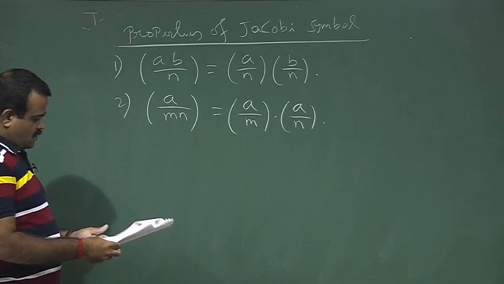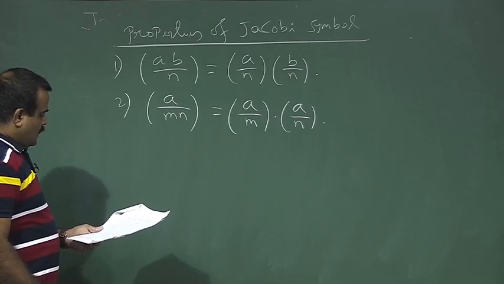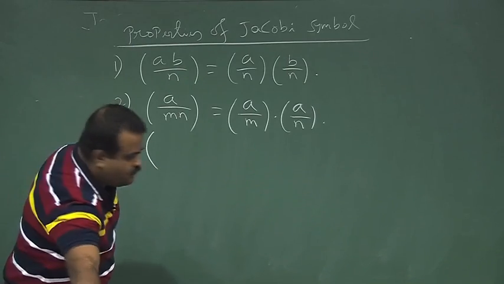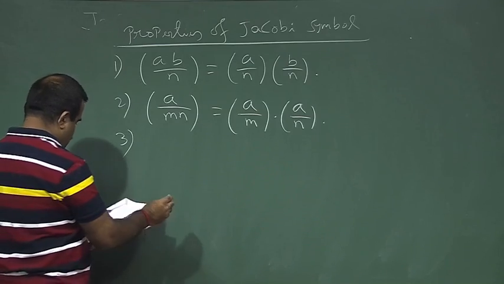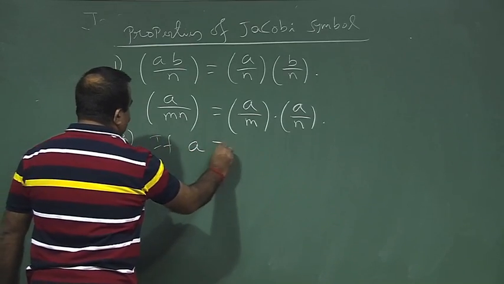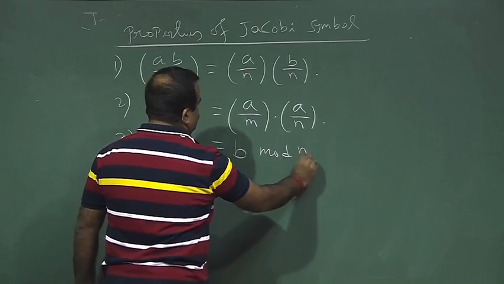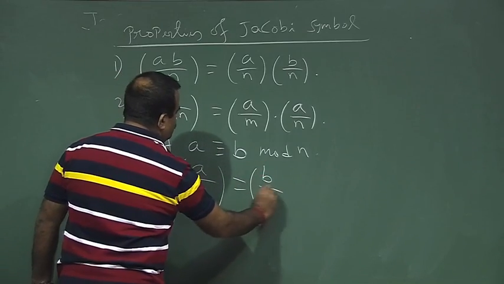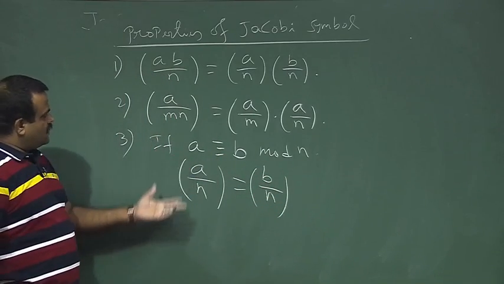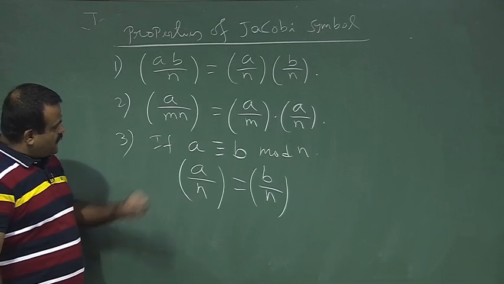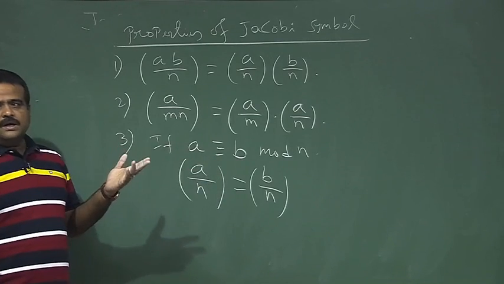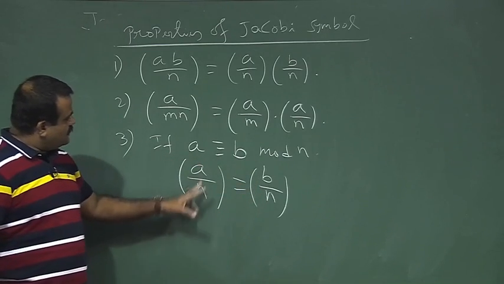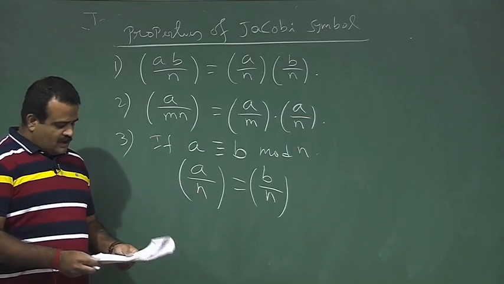This also we can prove. And if a is congruent to b mod n, then (a by n) is equal to (b by n). A similar proof works when n is prime, coming from Euler's criterion, and this can easily be proved.